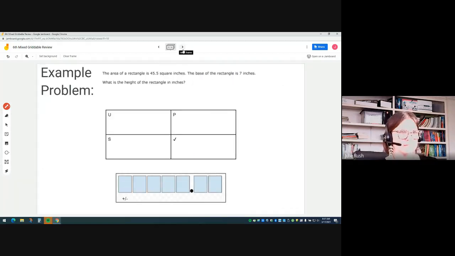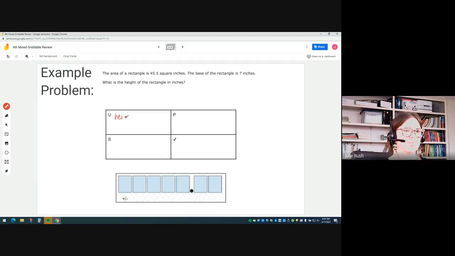All right. This problem says that the area of a rectangle is 45.5 square inches. The base of the rectangle is 7 inches. What is the height of the rectangle in inches? So this is understanding the problem. They are looking for the height. They have given me the area.